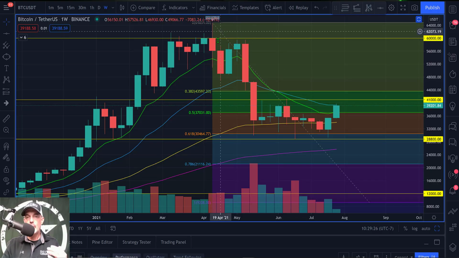And from what I'm seeing on the weekly chart, we have our sell-off, we get that bounce into resistance of 41,000, it then rolls back over and sells off. And we are now looking at a bullish reversal.